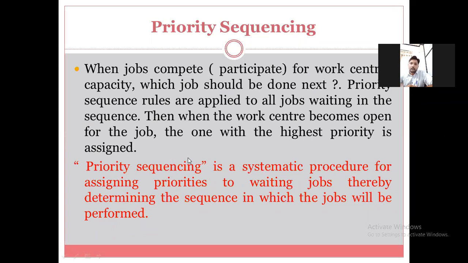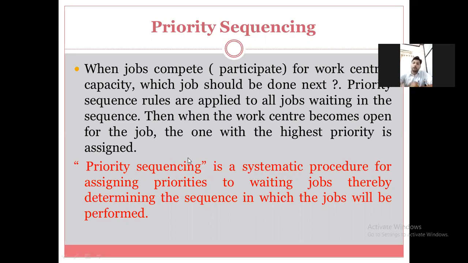So today we are going to understand what is meant by sequencing and how to deal with the problems related to sequencing. We know that sequencing means the operations which will happen on a particular job should be sequenced.